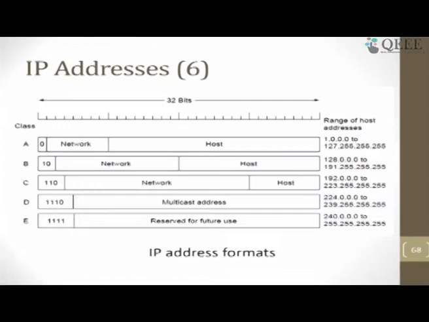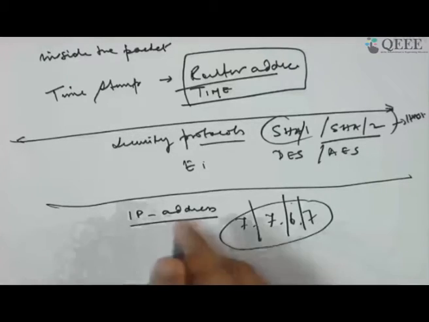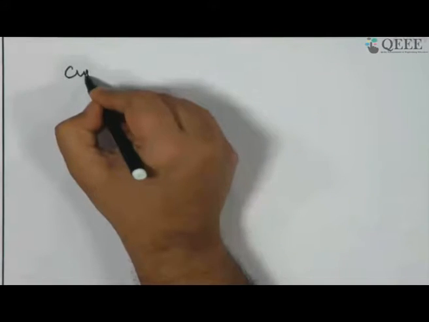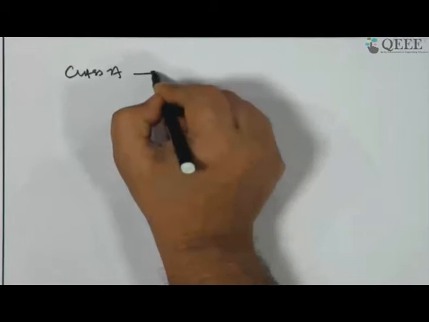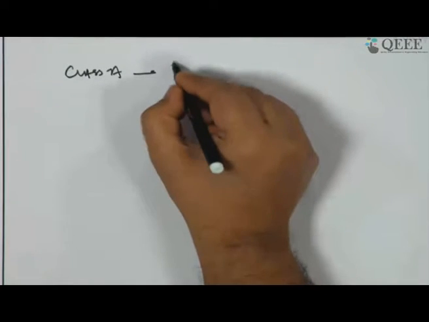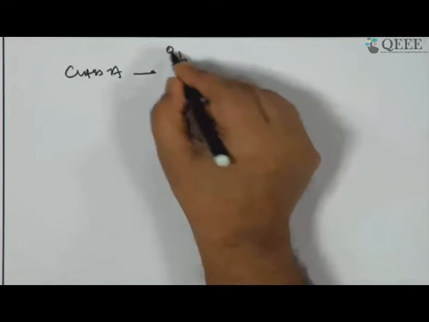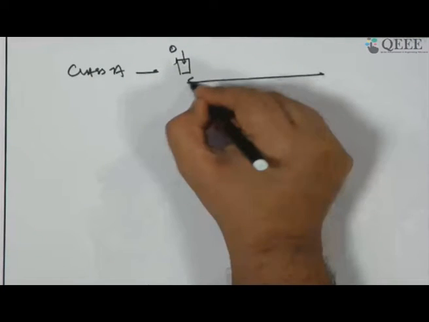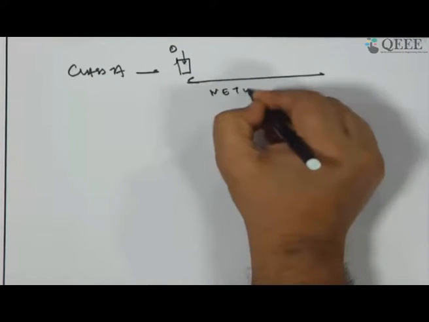See, first thing was the classful addresses, and what we said is that there are class A, which will have a 0 in the front, and there is a network and there is a host.